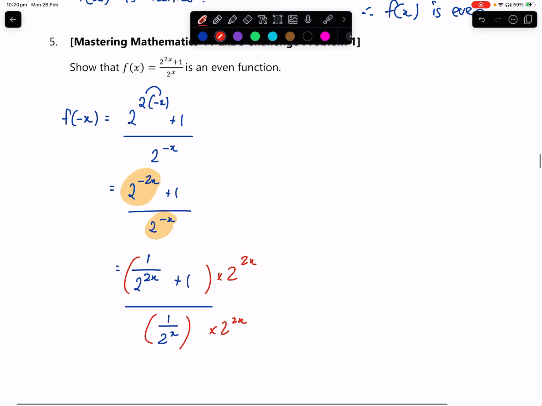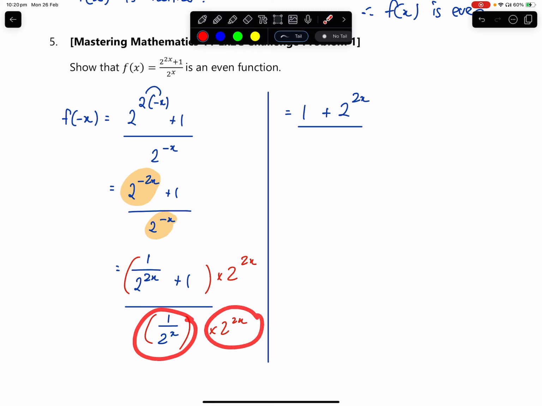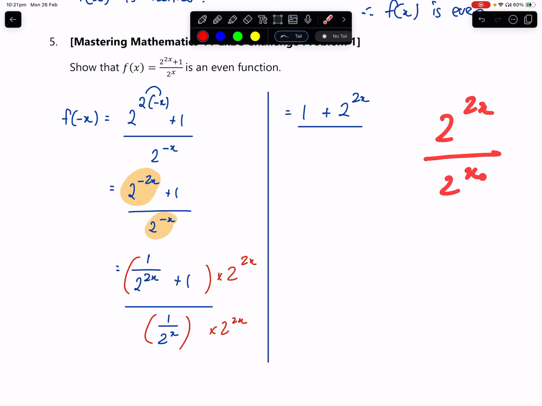If I do that and expand this in, these two would cancel out, giving you 1 left. Then you have plus 1 times 2 to the power 2x, which is 2 to the power 2x, all over this times this, which is just 2 to the power 2x over 2 to the power of x. If you subtract the powers, you'll get 2 to the power of x.